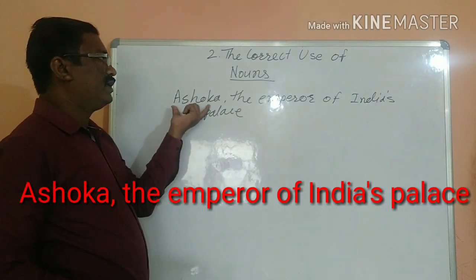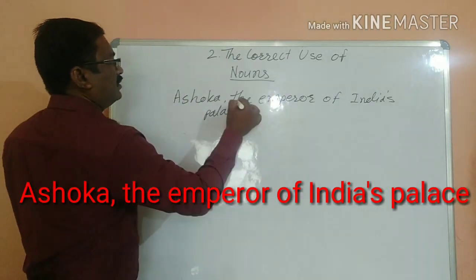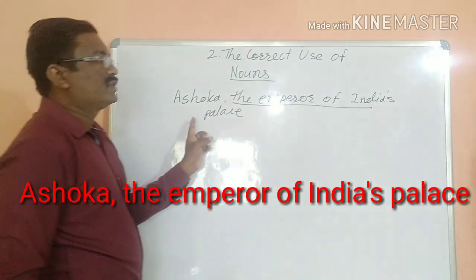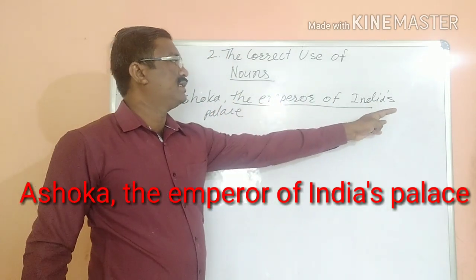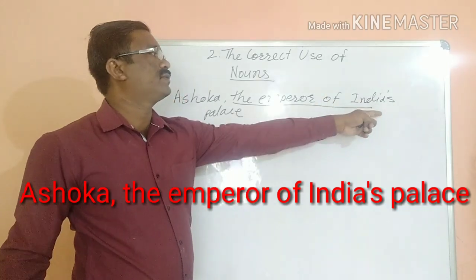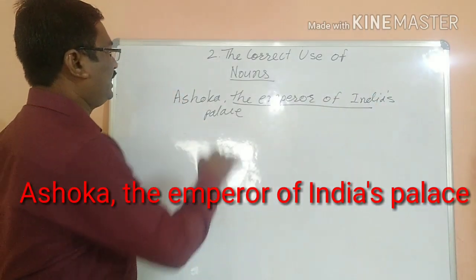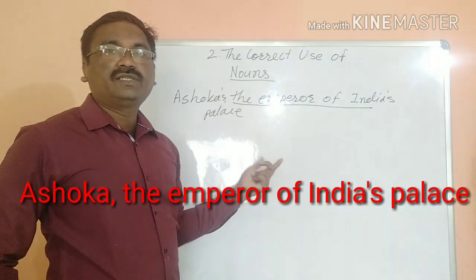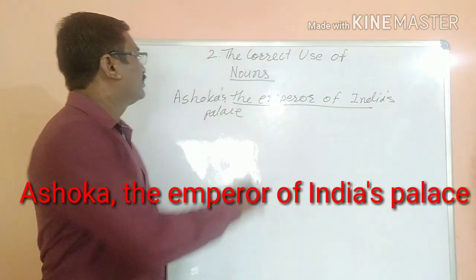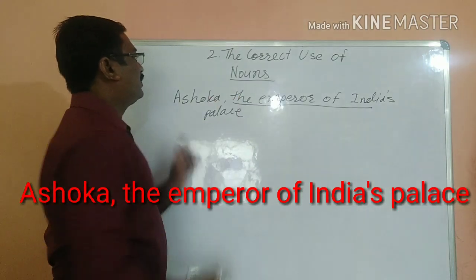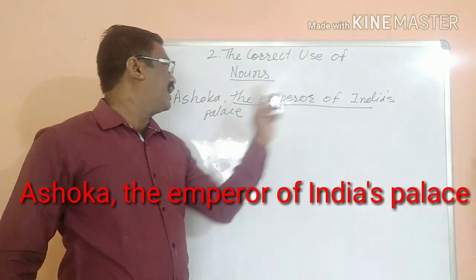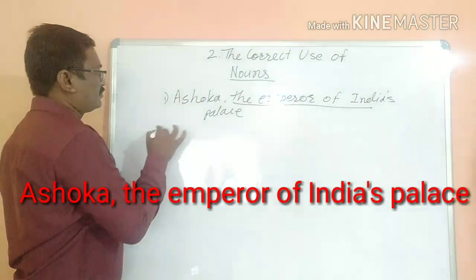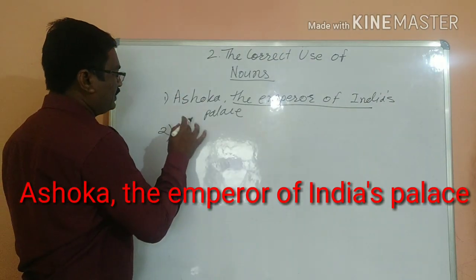Ashoka is the noun here, and these words are describing the noun. So the last noun will take apostrophe s. If you say Ashoka's, the Emperor of India's, the sentence will go wrong. What you have to use is: Ashoka, the Emperor of India's palace. Next example we are going to see. Narendra Modi, Mr.